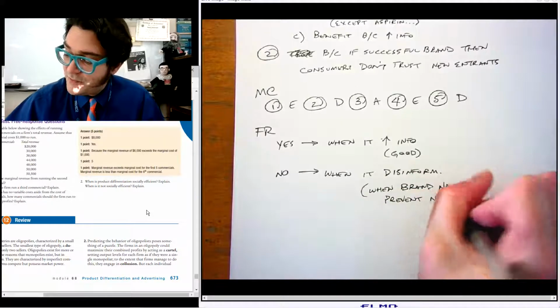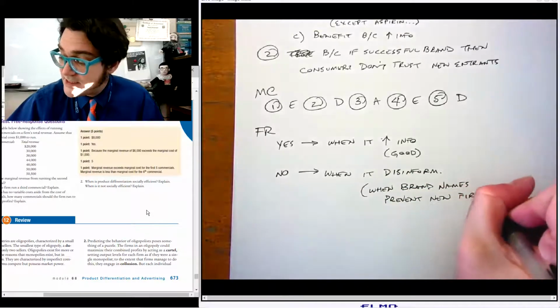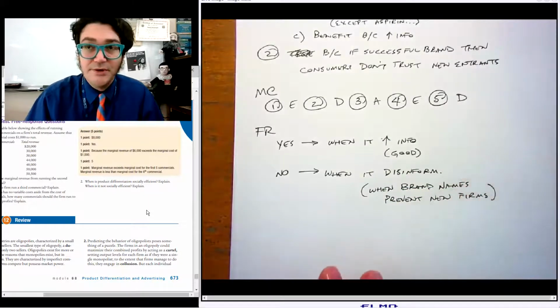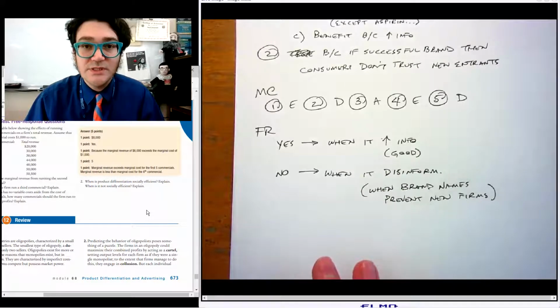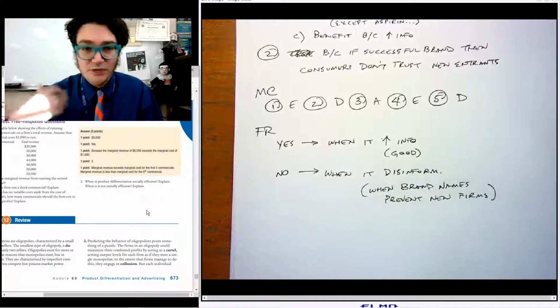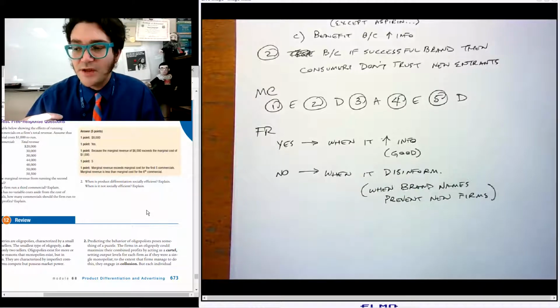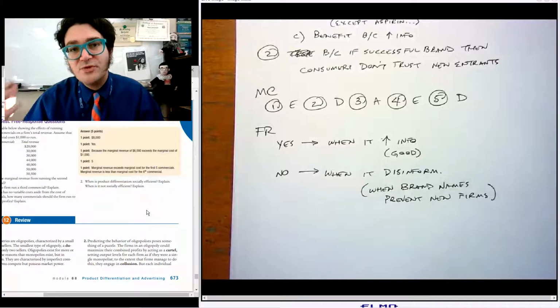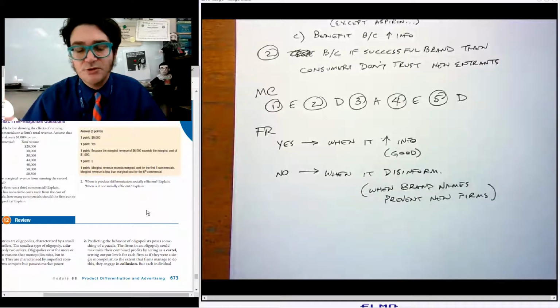If we have all these brands and the effect is a barrier to entry, then that actually reduces the social efficiency of the market, because we want new firms entering and firms exiting, rather than creating barriers to entry.